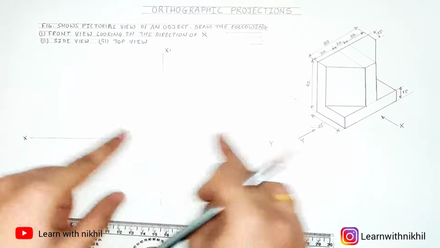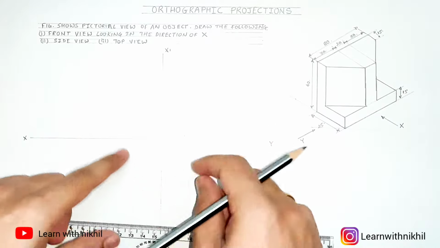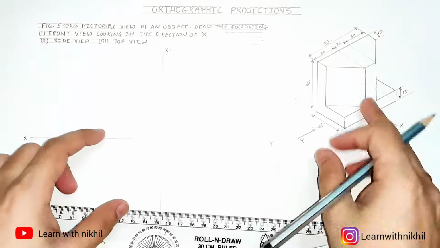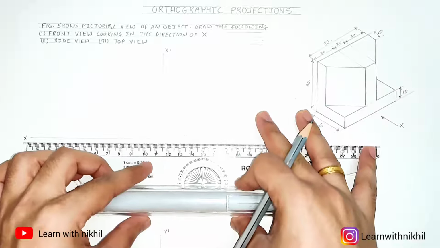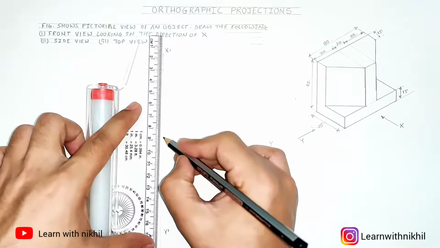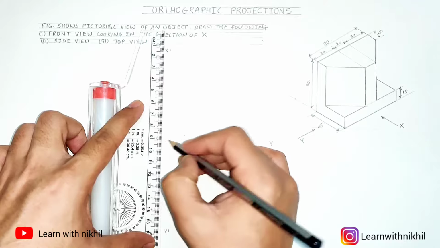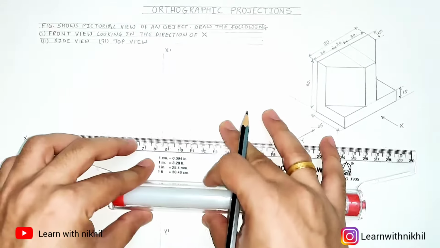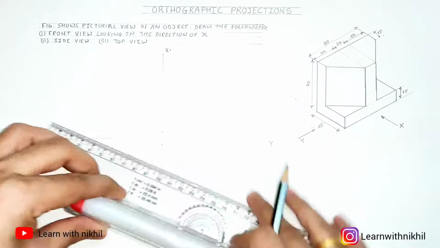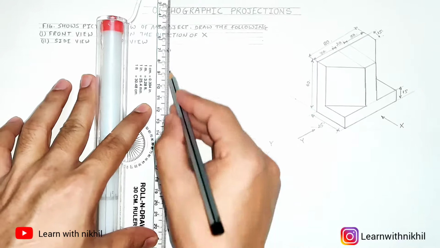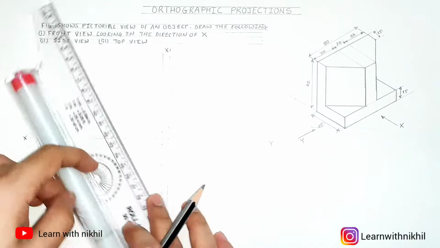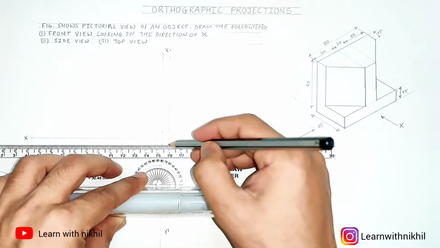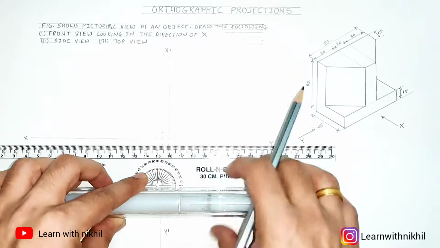Then before drawing the views, we have to draw the base lines on which the views will be drawn. We don't draw directly on these axis lines. So for that, we take 5 millimeters distance from the axis lines and draw parallel lines through it, so that when we draw the front view, top view and the side view, it doesn't come directly on the axis.